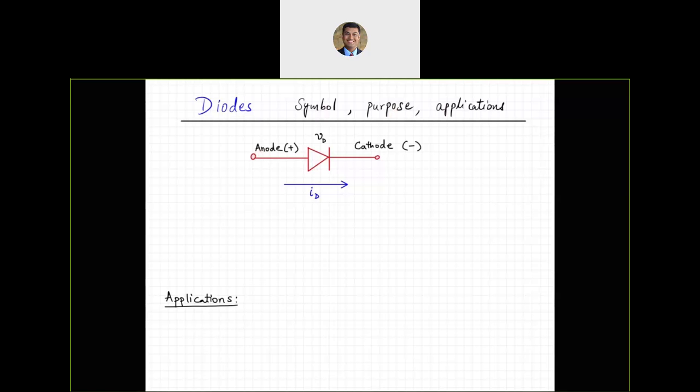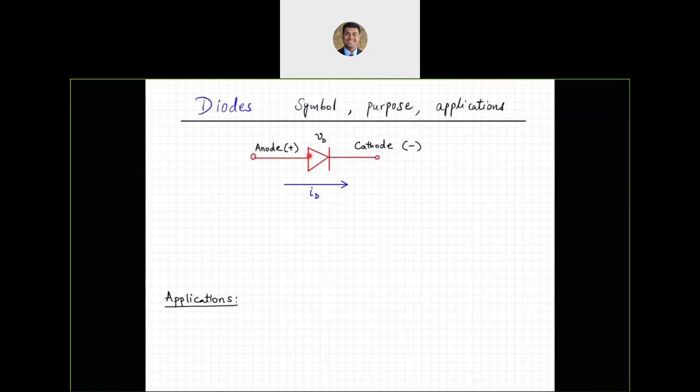It has two terminals, and we are going to call them the positive terminal and the negative terminal. Specifically, those are anode and cathode terminals. We are denoting the current that passes through the diode as I sub D and voltage across that diode as V sub D.